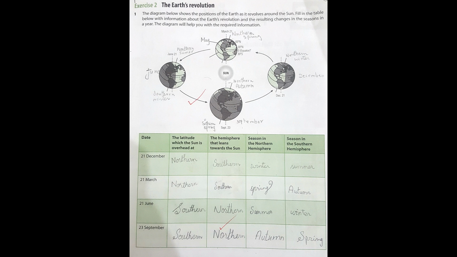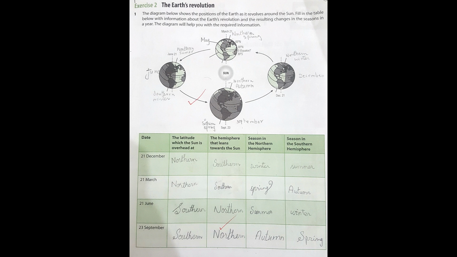The diagram will help you with the required information. The columns are: day, the latitude which the sun is overhead at, the hemisphere that leans towards the sun, season in the northern hemisphere, season in the southern hemisphere.